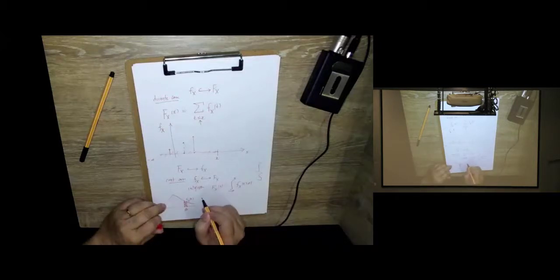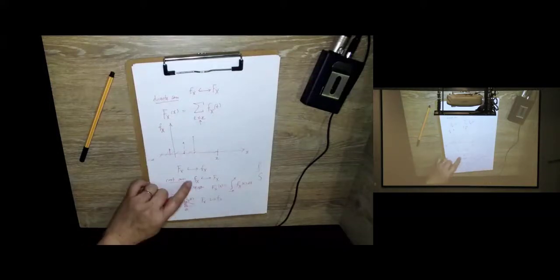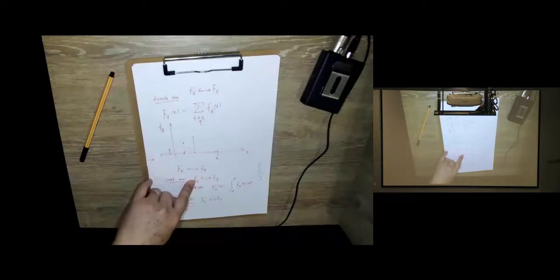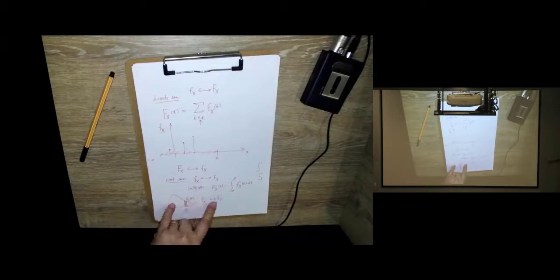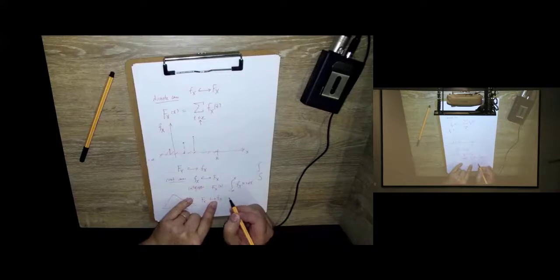Now, how do you recover the small f from the big F? My meaning is this: you know this, and how do you find the big F? Through integration. But if you know the big F, but you do not know the small f, this is roughly it.